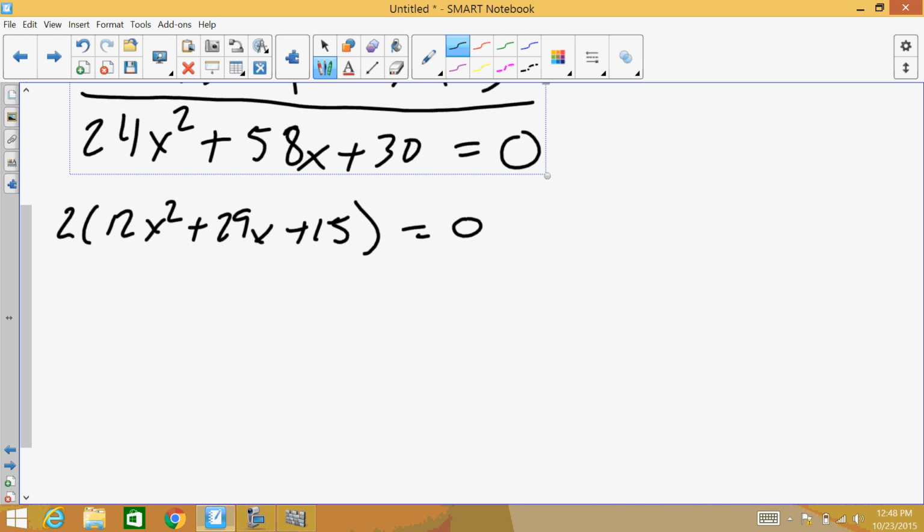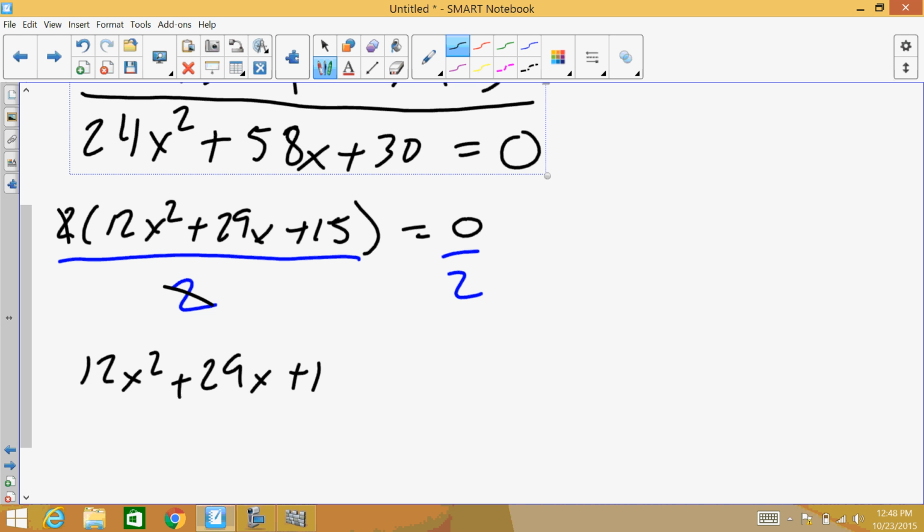Now since I've got an equal sign, I can work with both sides at the same time. So I'm going to divide both sides by 2. Kind of a small step. May not seem like it's really that important, but now I just don't have to worry about that guy. He's gone. 12x squared plus 29x plus 15 equals 0.